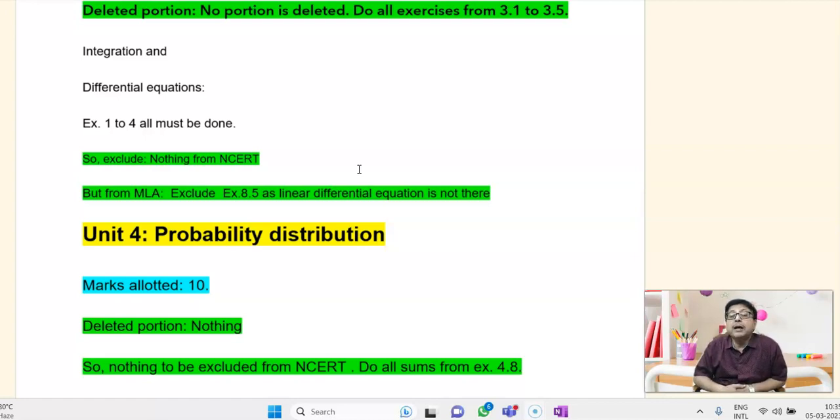Okay, but I will not suggest you not to practice sums from area. Area problems also you will do. Okay, only simple applications: area bounded by a parabola with an axis, area bounded by a straight line with the x-axis or y-axis, area bounded by three straight lines, area bounded by a circle and a straight line, parabola and a straight line.